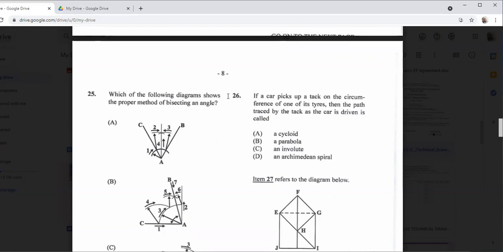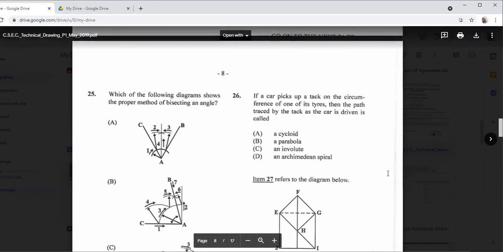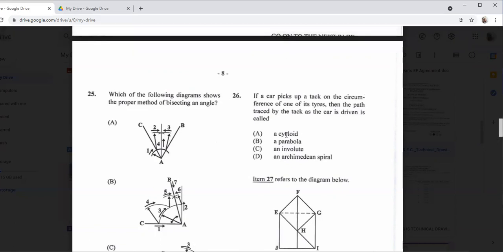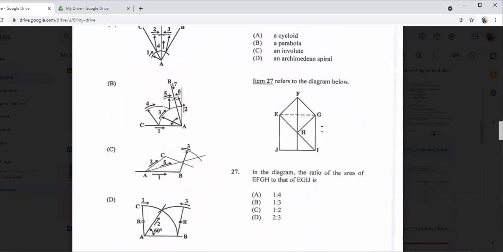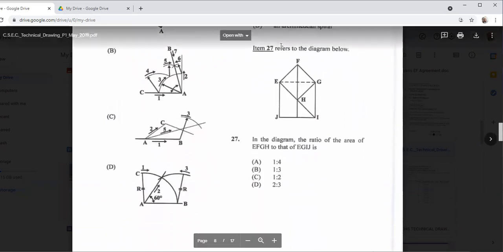Number 26. Sir, A, a cycloid. Yeah, cycloid. 27. Sir, it's 1 to 2.